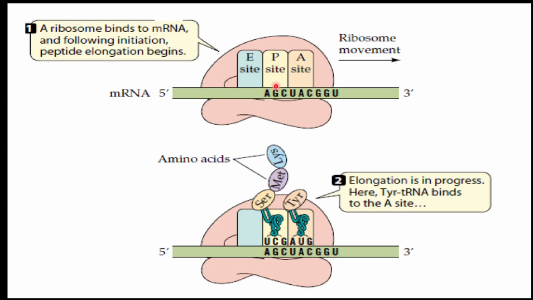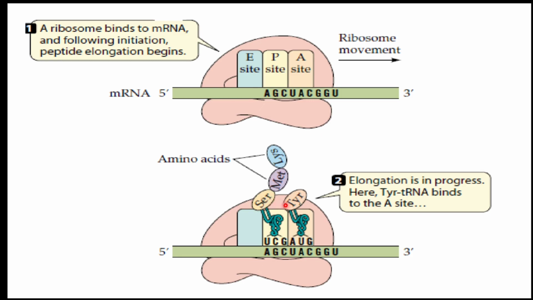When it sits here, the second transfer RNA, which is going to come, is going to sit here. If you can see down here, you find that these two amino acids, which are close to each other, are going to form a peptide bond.